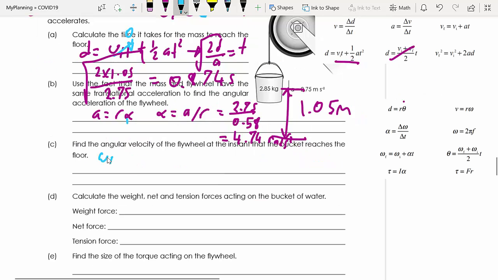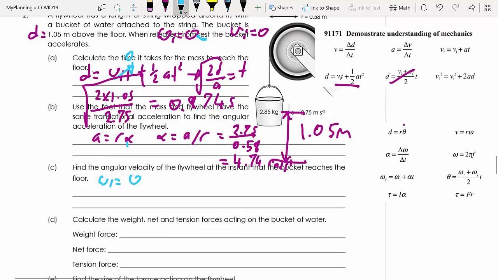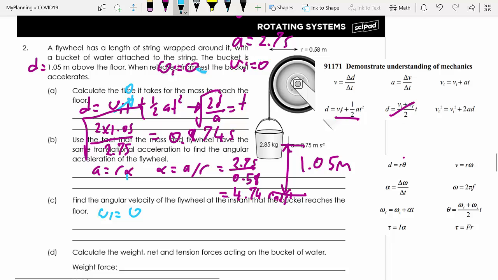Find the angular velocity of the flywheel at the instant that it reaches the floor. So what do we know? We know the initial angular velocity is 0, because up here it says it started at rest. We know the angular acceleration because we just worked that out. Theta, do we know the angular displacement? Well, we know distance from up here, and so I can use this equation, D equals R theta.